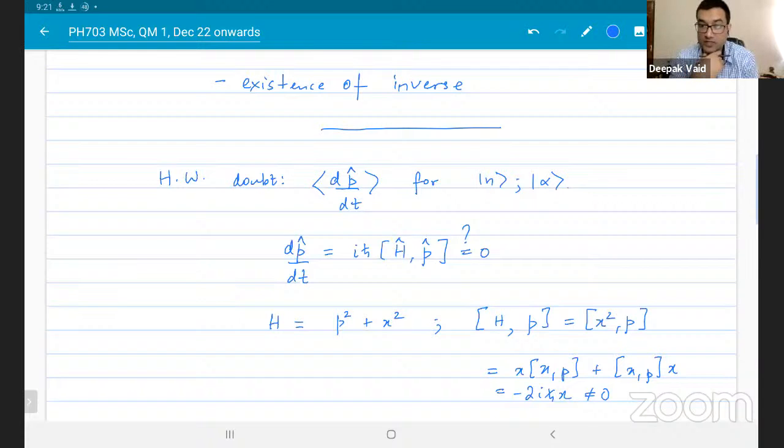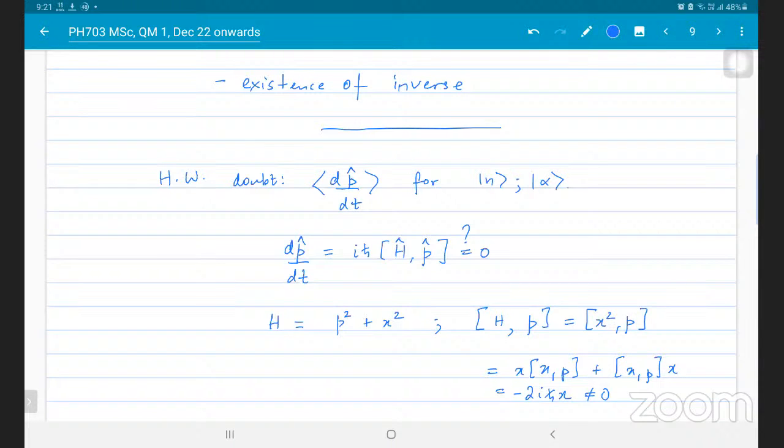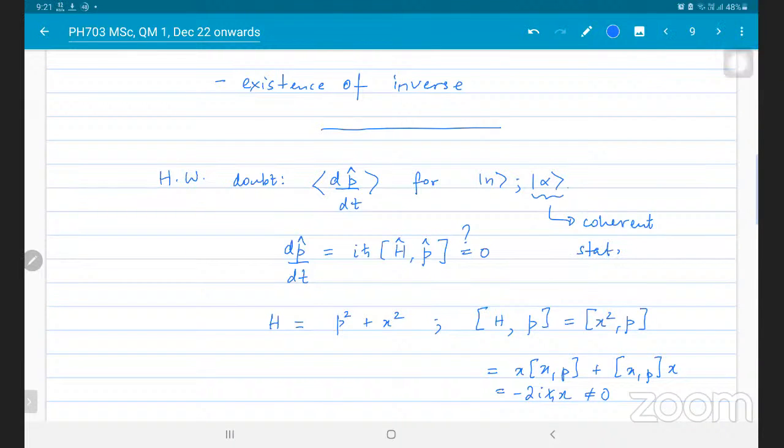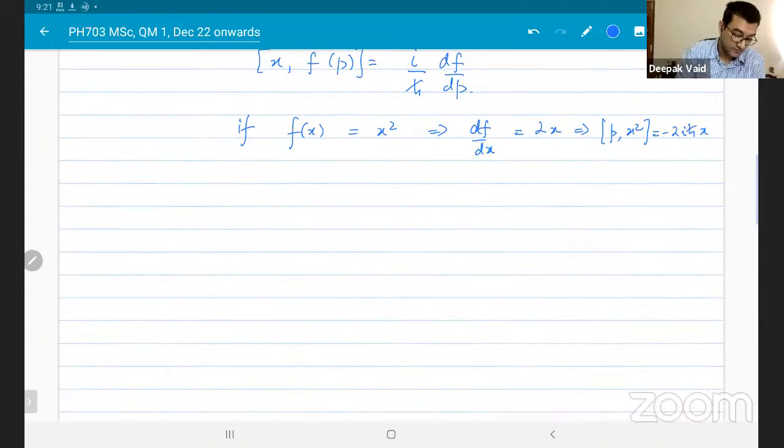But is it 0 in the state alpha? Is the expectation value of x 0 when you are in this coherent state? This is a coherent state, right? The eigenvalue alpha doesn't change with respect to time. So how do I write x? x is equal to (a plus a dagger) divided by root 2, right?